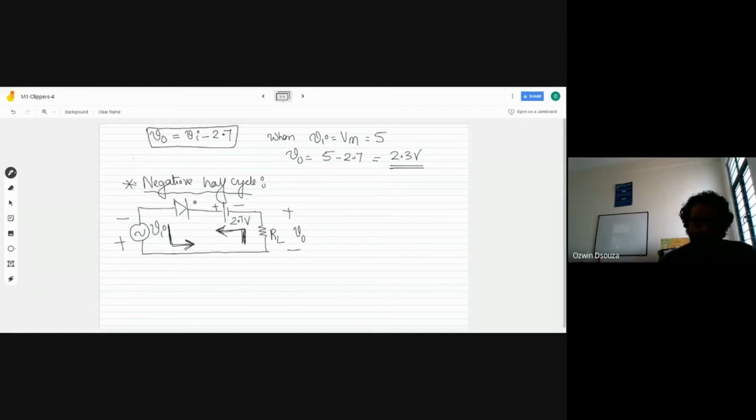By doing so, if you can observe here, the negative terminal of the source is connected to the anode, and the positive terminal of the battery is connected to the cathode. So Vi and 2.7 volt cell help each other in reverse biasing the diode.